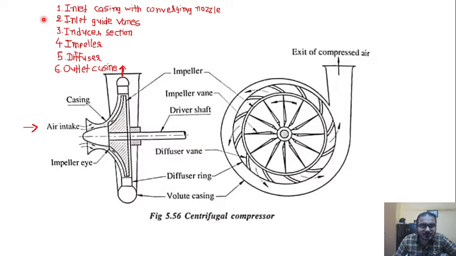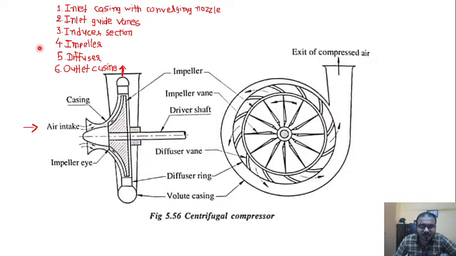These inlet guide vanes direct the flow into the desired direction so that it can smoothly enter the impeller. Third one is the inducer section. The inducer section converts the axial entry of the fluid into a radial motion.